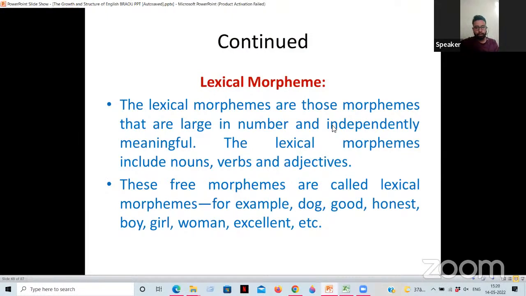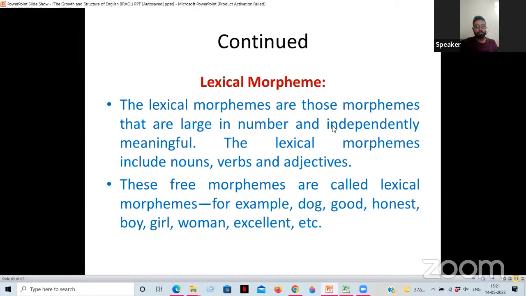So what is lexical morpheme? Lexical morphemes are those morphemes that are large in number. Because in most of the languages, if you find anything important in a dictionary, you will find the root words like the nouns, the verbs, the adjectives. The most important thing in sentence making is only these things, isn't it? Verbs should be there. There should be objects and subjects.